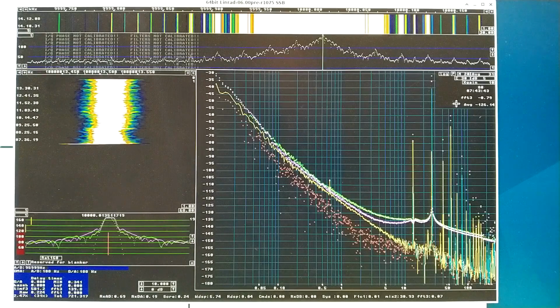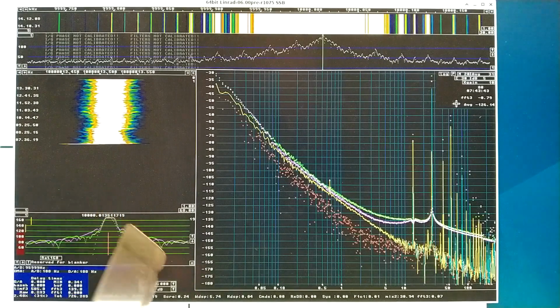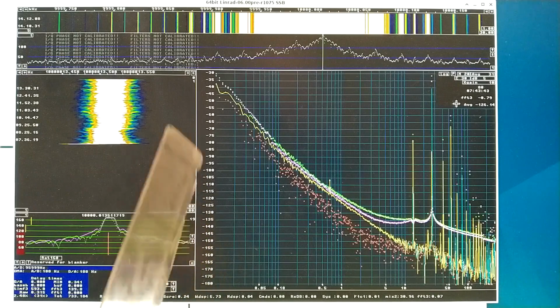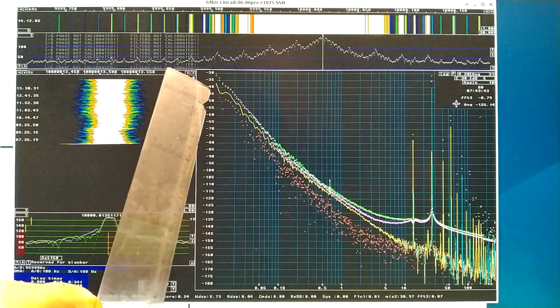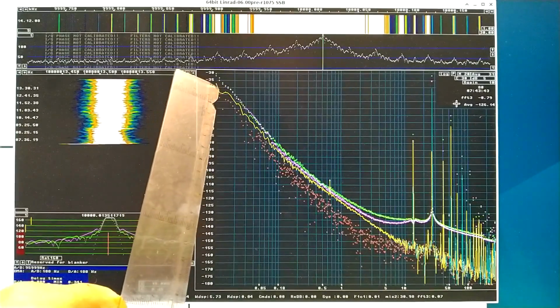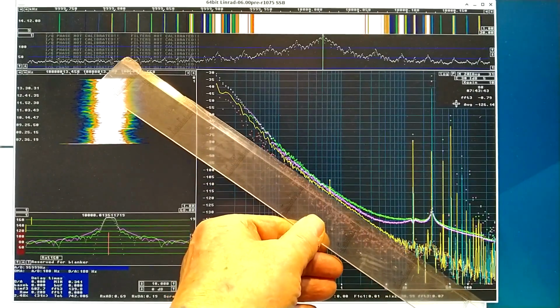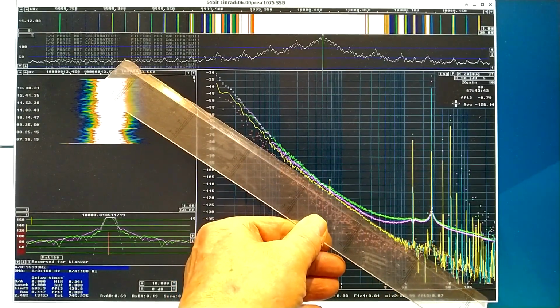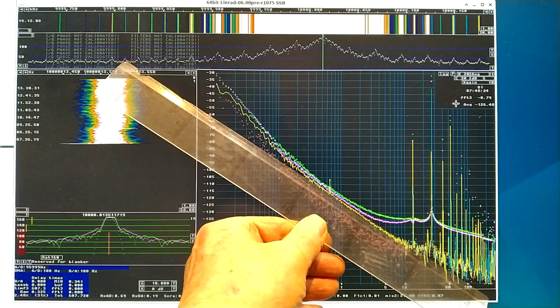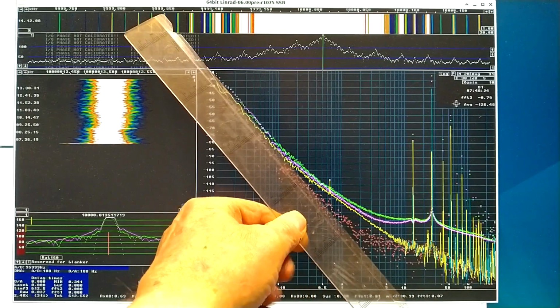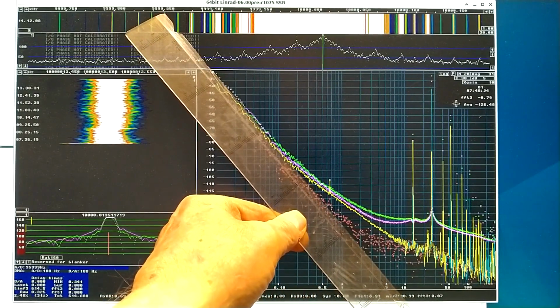Here I have set very slow processing parameters for the phase noise, so I can see down to 0.01 Hz offset, and at that point the phase noise is at about minus 40 dBc per Hz. What I can see here is that there is a straight line here, and then there is a second straight line here, and the corner frequency is about 0.15 Hz.